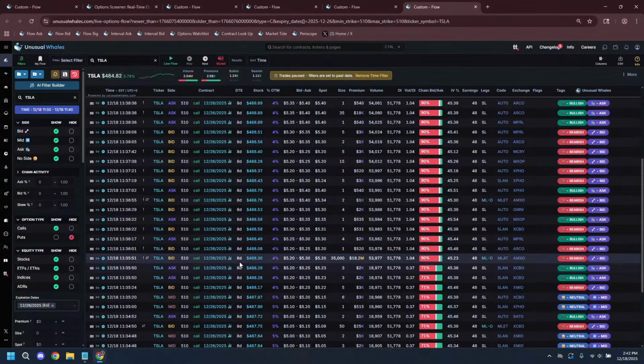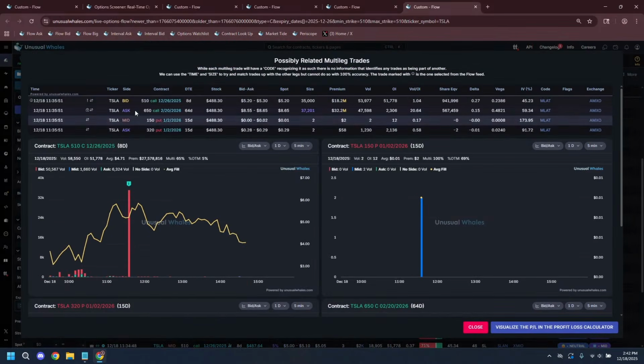But before that, the 510, so I guess this is a good example of not everything that takes place at the same second and millisecond being necessarily related. The 510 December 26th flow that we saw get opened and then traded today is this volume right here.